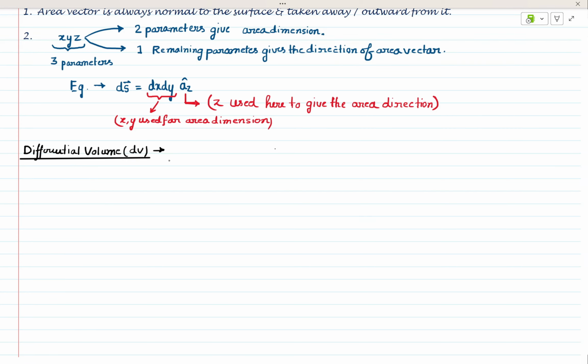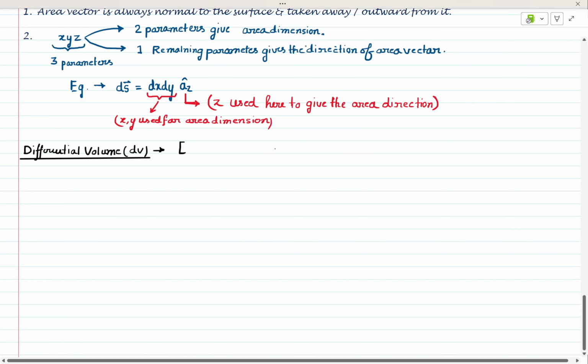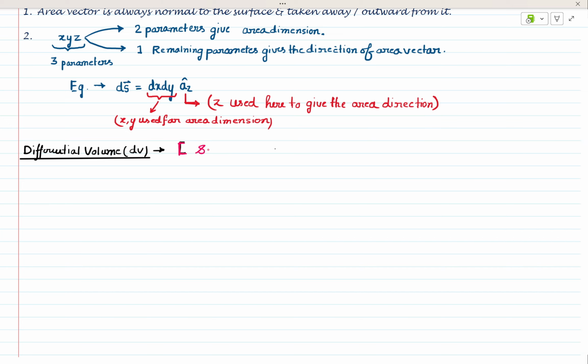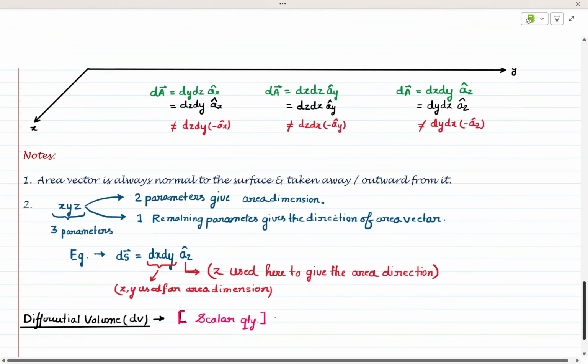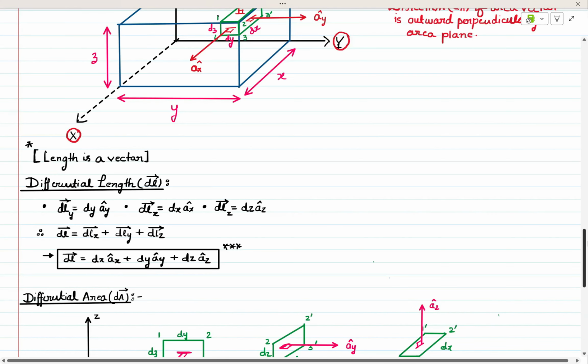So the important thing that I can write over here in red color. Red means important, right? It is not a vector quantity, it is a scalar quantity. Now as I am talking about the differential volume, you have to consider the differential block only, not the total block.